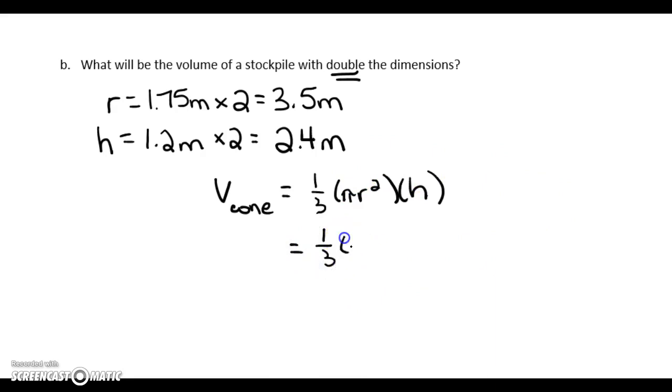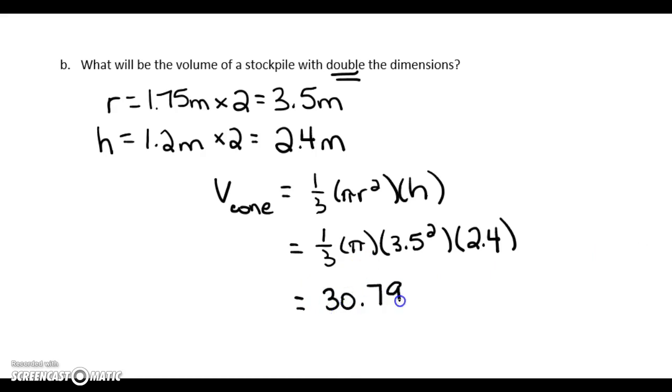So you have 1/3 times pi times your radius, which is 3.5 squared, multiplied by your height, which is 2.4. Plug it into your calculator and write down what you get. What you should find is that you will have a volume of 30.79 meters cubed.